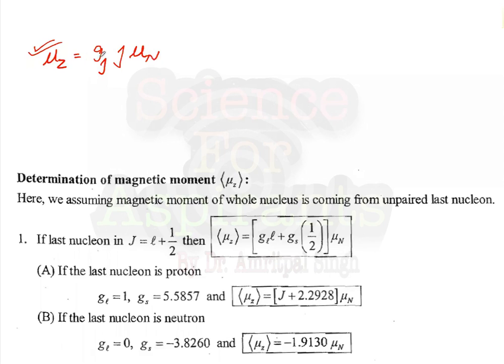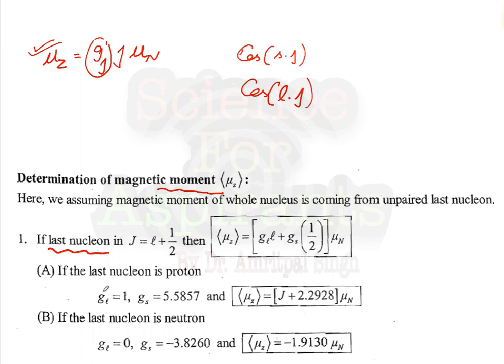Once we find the value of g, which is basically dependent upon the angle which the spin angular momentum makes with the total angular momentum, that is due to the jj coupling, or how the total angular momentum is generated from the values of L and S. So these are the values of the magnetic moment acting along the z-axis for the last unpaired nucleon.